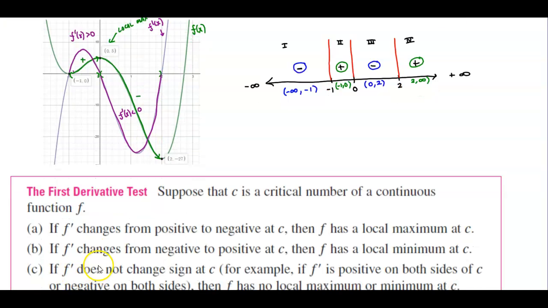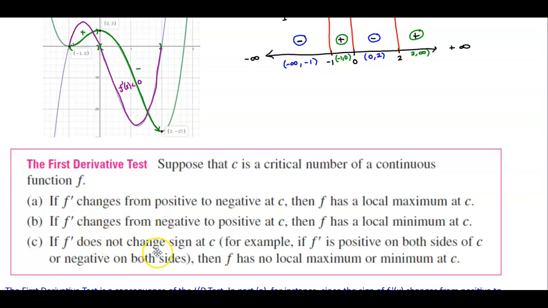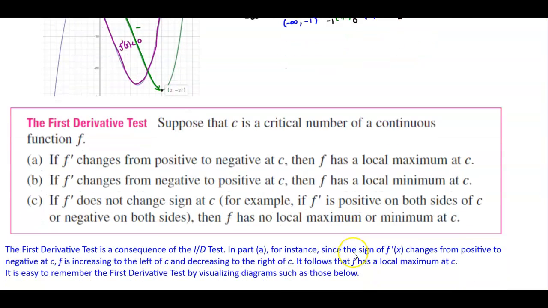Now if f prime changes from negative to positive at the value of c, then f has a local minimum at c. And if f prime does not change sign at c, for example, if f prime is positive on both sides of c or negative on both sides, then f has no local maximum or minimum at c.